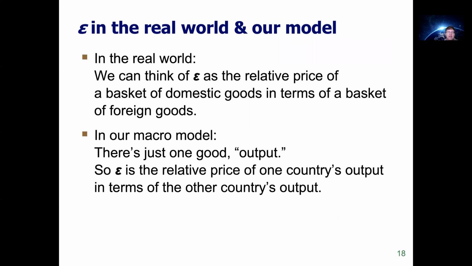But a good image to make that clear is to realize that the basket could be what's in a shopping cart. Imagine the same shopping cart full of stuff, buying that in Tokyo, buying that in Boulder. How much would it cost once you convert to a common currency?